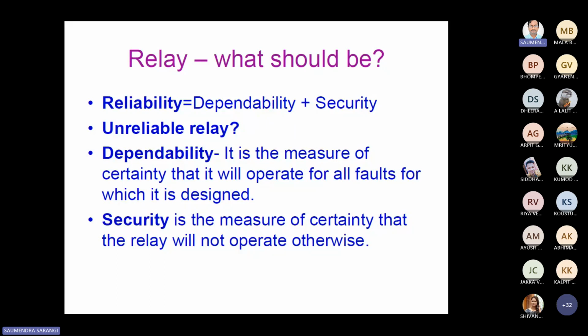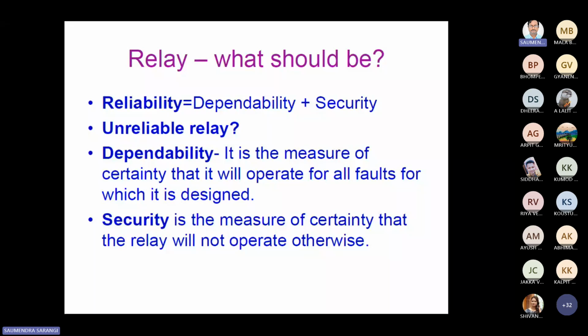So for that reason, whenever we are trying to understand what is security, अगर हमारे सिस्टम में फॉल्ट नहीं है, तभी भी हमारा रिले बार बार फॉल्ट डिटेक्ट कर रहा है, तो फिर हमारा रिले सिक्योर नहीं है. मतलब abnormal condition जहां पे fault नहीं है, because if you are putting a plug of 1 kilowatt जो कि 15 एम्पियर की लोड करंट खींचेगा, 5 एम्पियर में हम लगा रहे हैं, तो abnormal condition तो है ही, because it is not designed for that 10 ampere, because 10 ampere and 15 ampere plugs will be different. अगर आप 5 एम्पियर के प्लग में 15 एम्पियर का प्लग लगा देंगे, 10-12 मिनट में या फिर कुछ देर में, वो जल जाएगा, राइट?